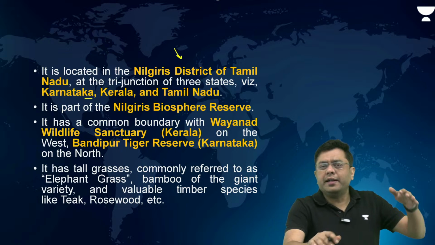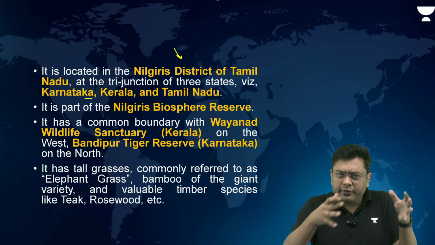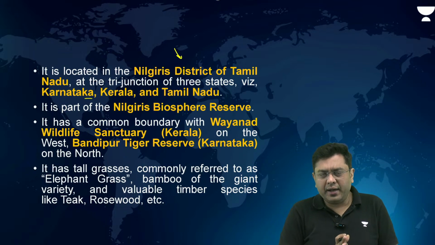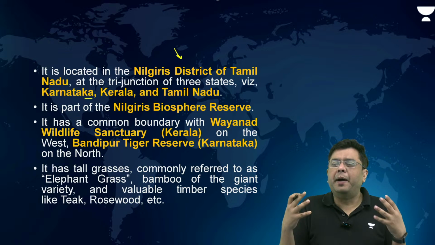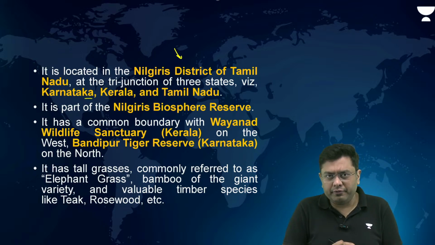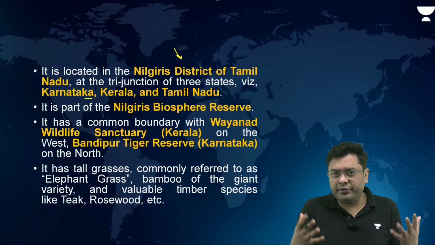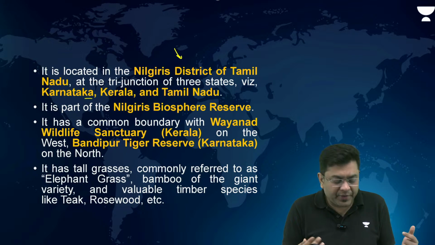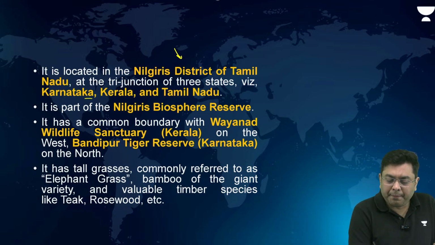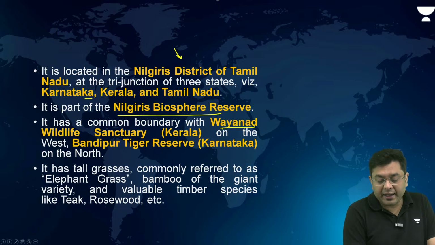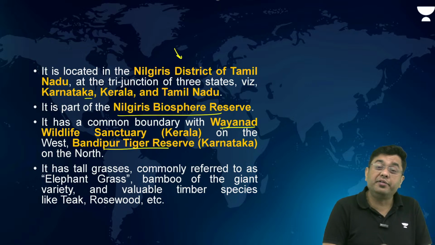It is located across the slopes of the Nilgiri Hills, which is a part of the Western Ghats. And this in itself is a part of the Nilgiri Biosphere Reserve, amongst the largest biosphere reserves across the country, right? It has a common boundary with Wayanad and the Bandipur Tiger Reserve as well.